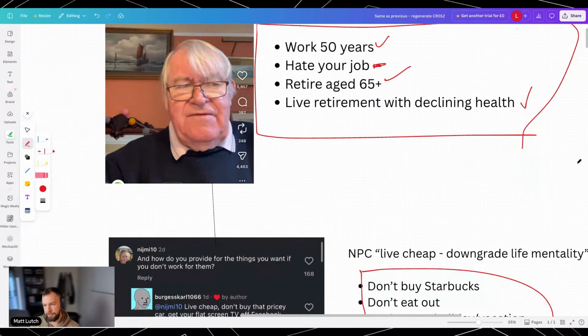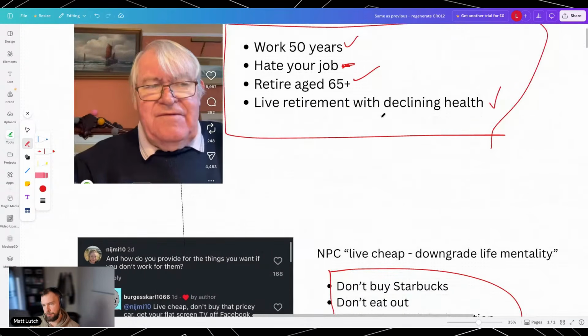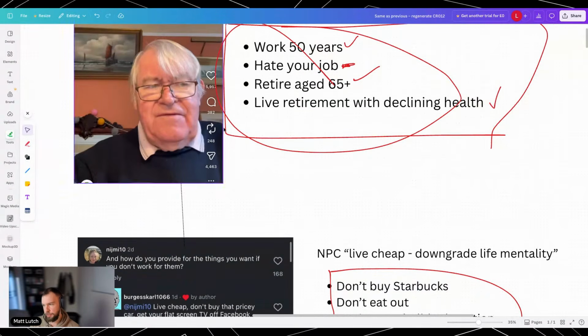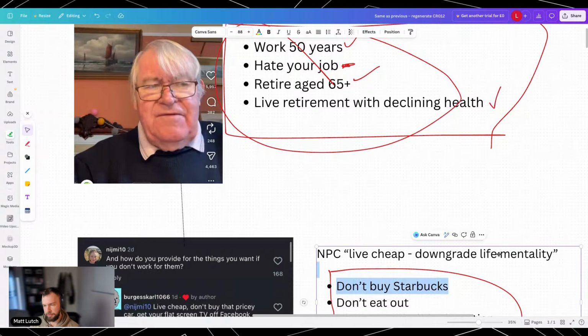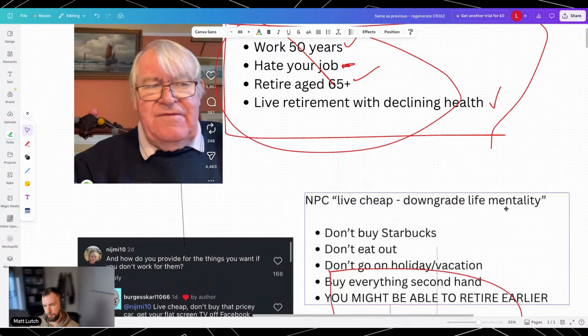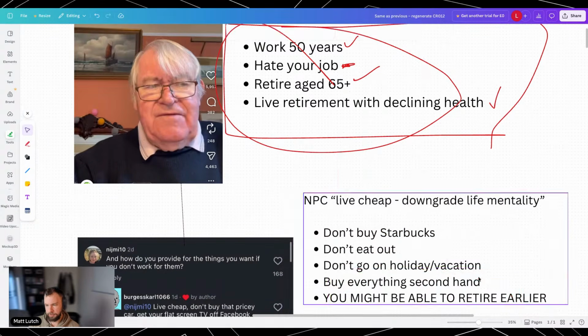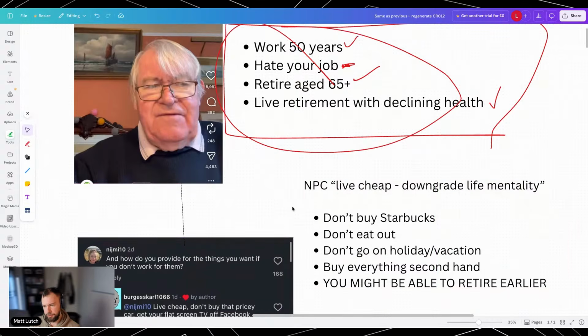And again, it's not just about doing this. Most people follow the same kind of downgrading life mentality, which I spoke about in the other one, which is this. This is what they'll say to you. Don't buy Starbucks, don't eat out, don't go on holiday or vacation, buy everything secondhand, save as much money as you want, and you might be able to retire earlier.